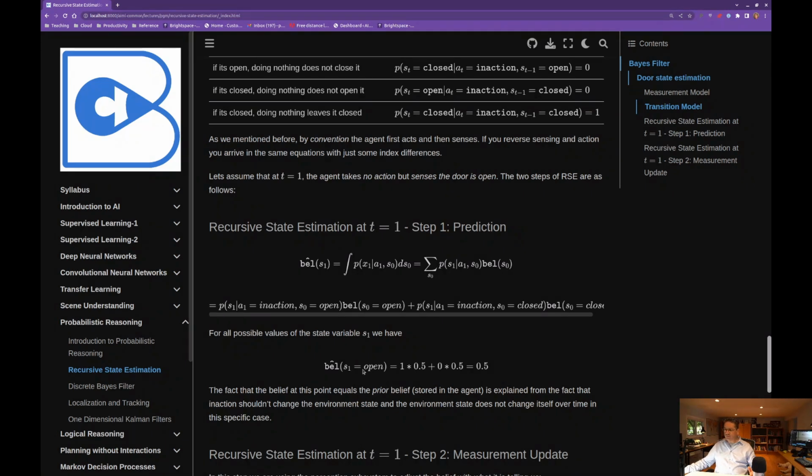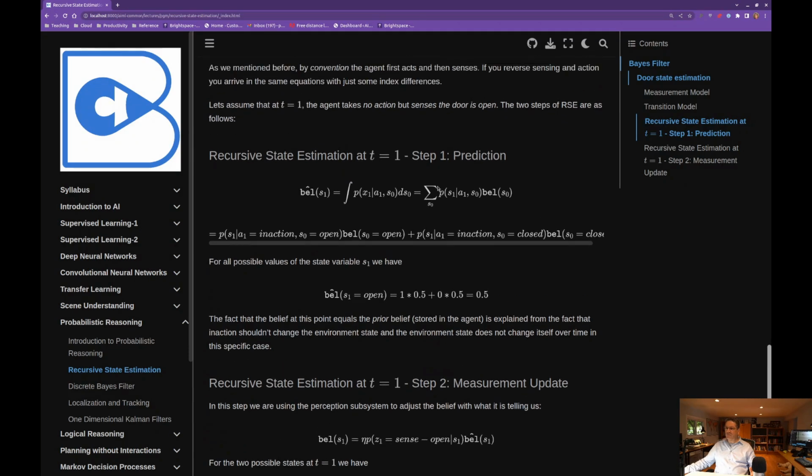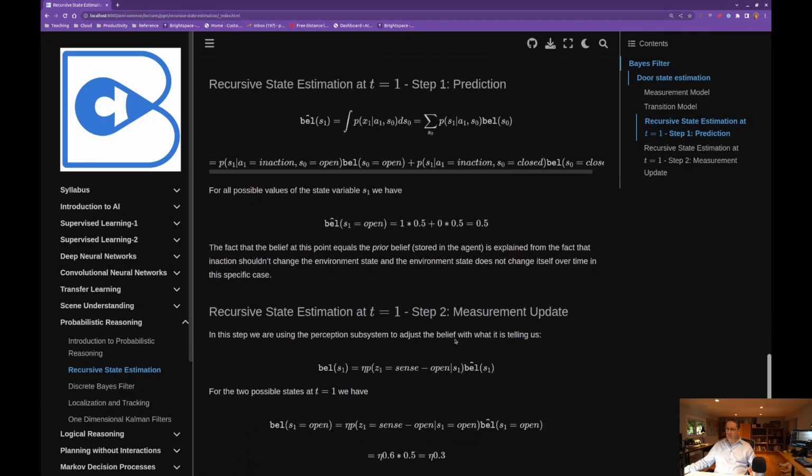Okay, so the recursion, step 2, now comes. Step 2 involves the measurement update. And remember that the measurement says that the door is open. Based on the earlier discussion, we're expecting to see some reduction in the uncertainty. So let's see if that happens.